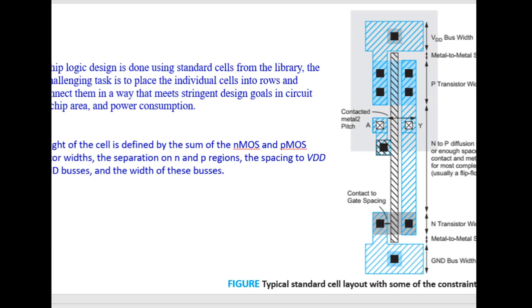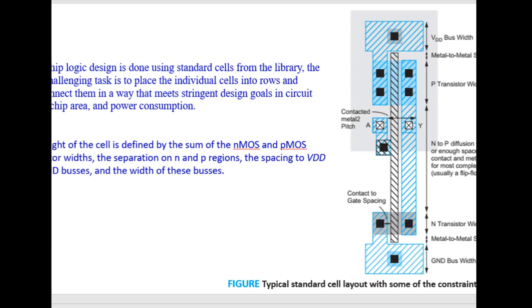And this middle portion is used for feeding the input signal and getting the output. So this is just one simple example of the layout of one typical cell.